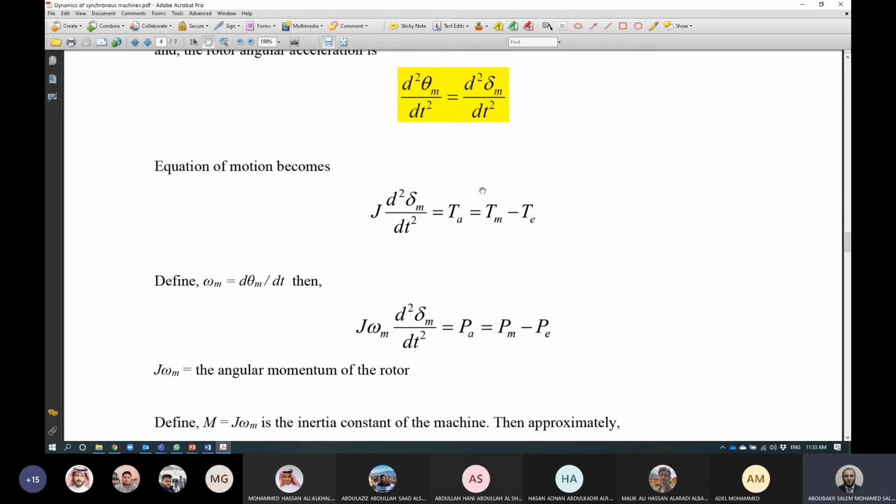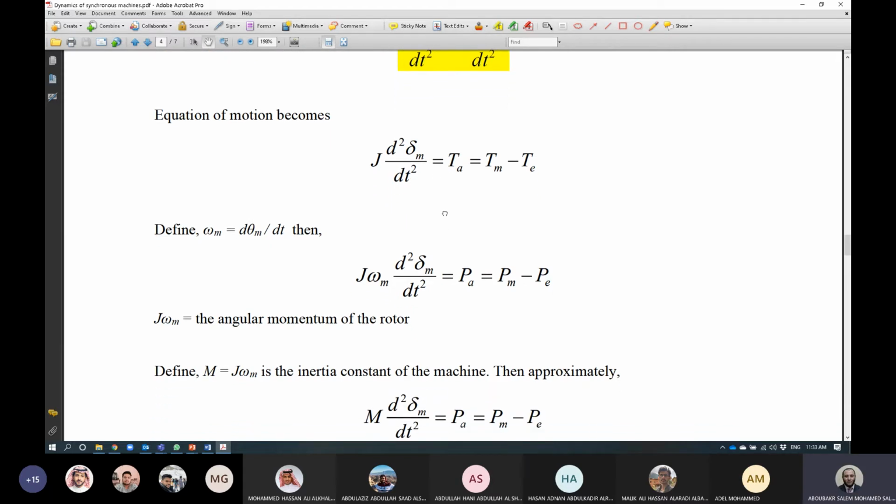Returning back to the dynamic equation again, we can replace d square theta by dt square by d square delta by dt square. So J d square delta by dt square equals TA. Now we can multiply the two terms by omega m, which is the change of theta m.